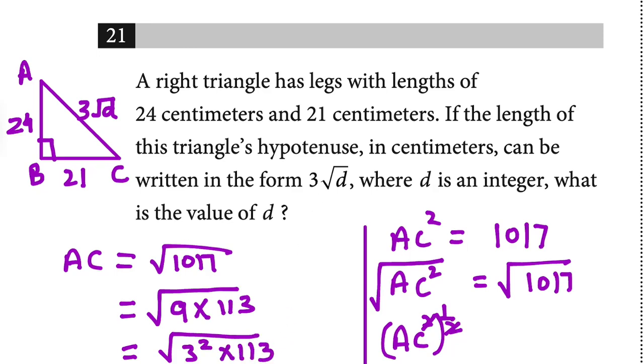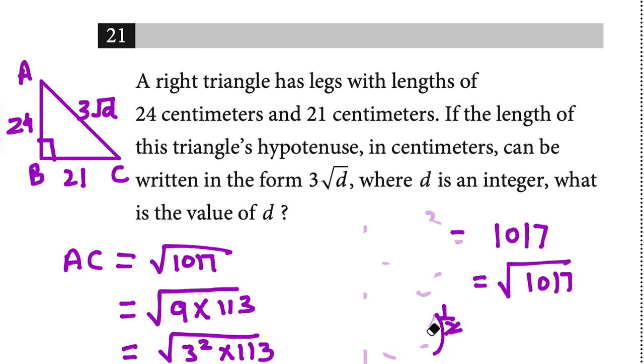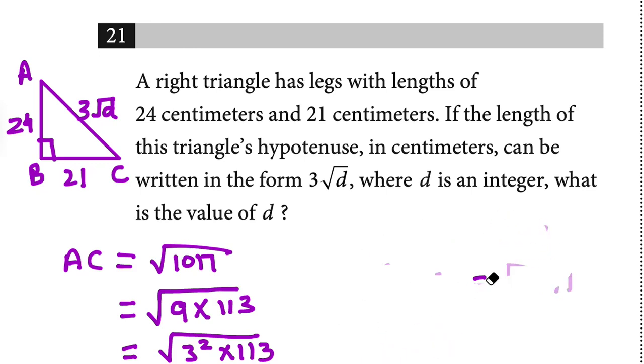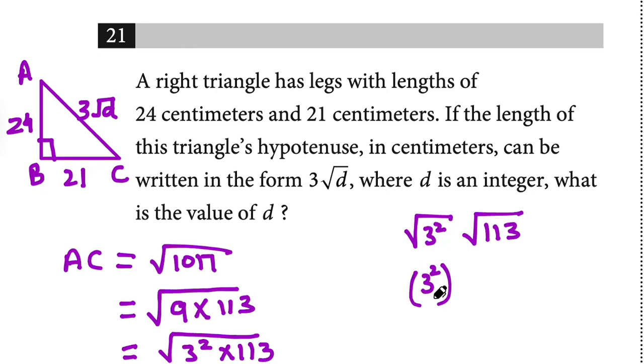Now we will again see the rules of exponents in complete detail so that you can understand every step. By the rules of exponents, if I have two numbers inside that sign, I can separate them like this. And this 3 squared with power 1 by 2 will become 3, and root 113 is as it is because we cannot solve it further.